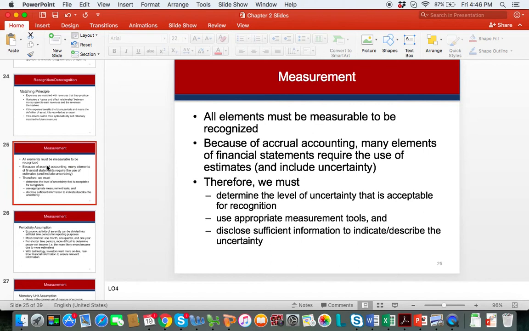Because of accrual accounting, which we'll see in Chapter 3, many elements of financial statements require the use of estimates, and this brings with it uncertainty. You want a measurement to be reliable. Therefore we must determine the level of uncertainty that is acceptable for recognition, the appropriate measurement tool, so how we estimated it, and disclose sufficient information to describe the uncertainty.